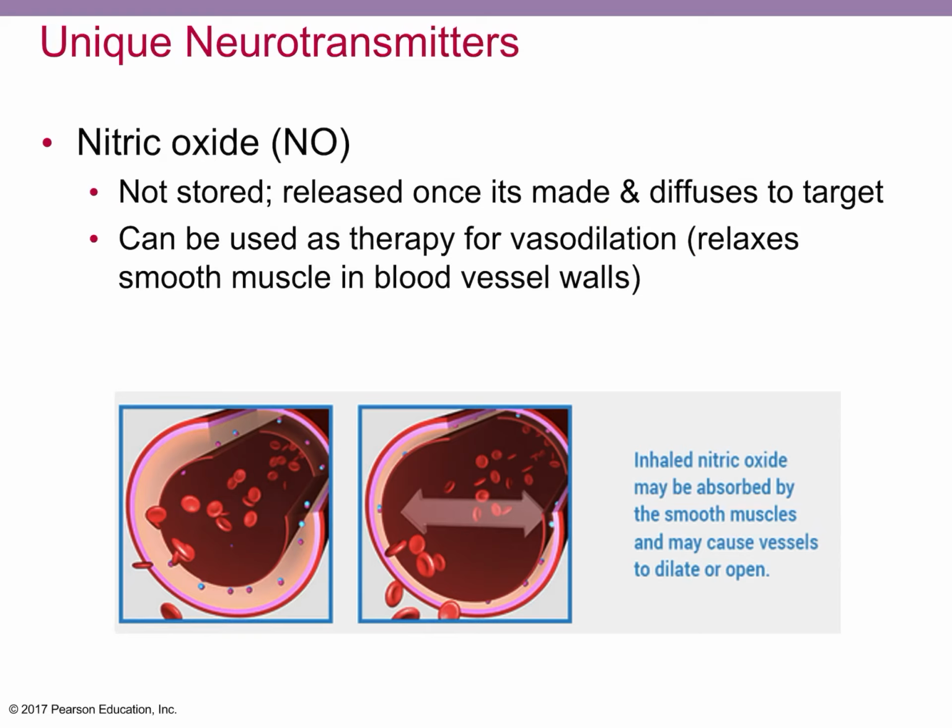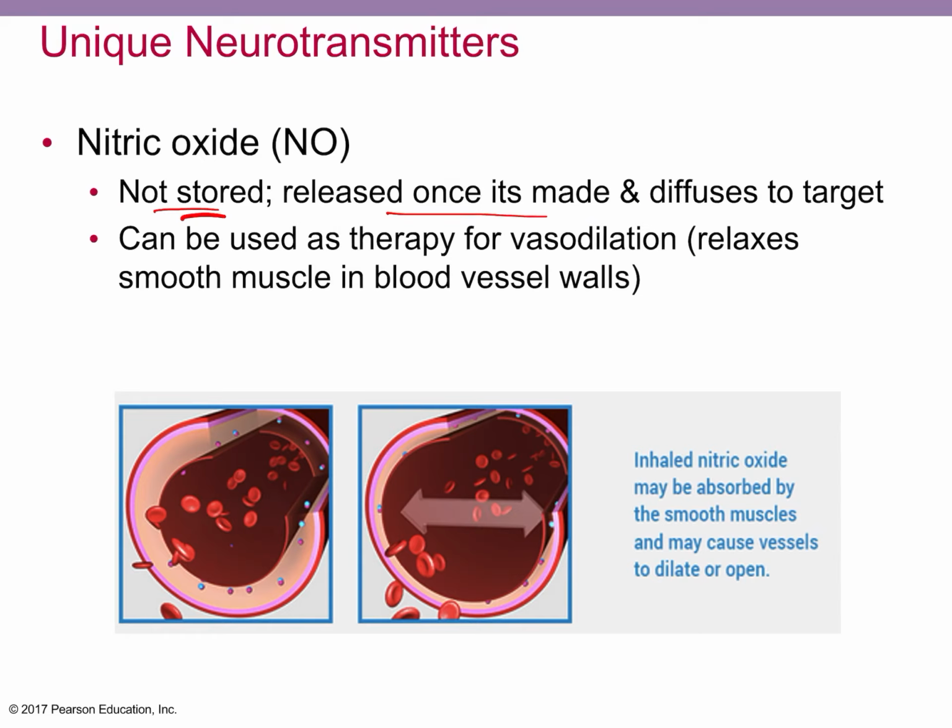And then to our unique neurotransmitters, there's two that we're going to mention. So this is nitric oxide and endocannabinoids. So they're unique because they're not stored inside of the cells. Nitric oxide, not nitrous oxide, is not stored, and it's released immediately once it's made.